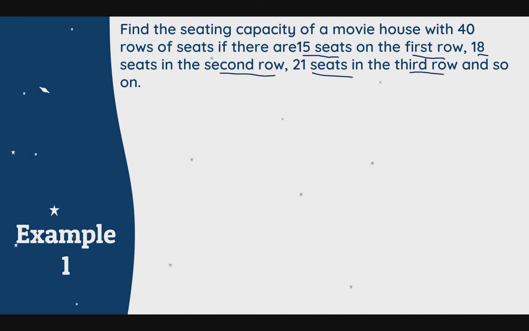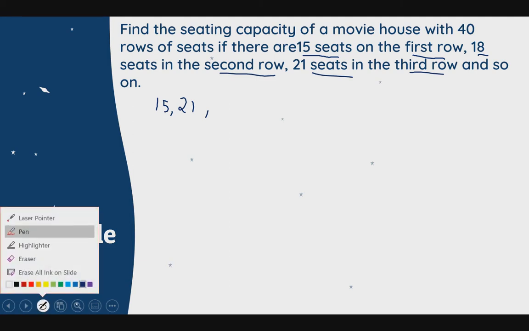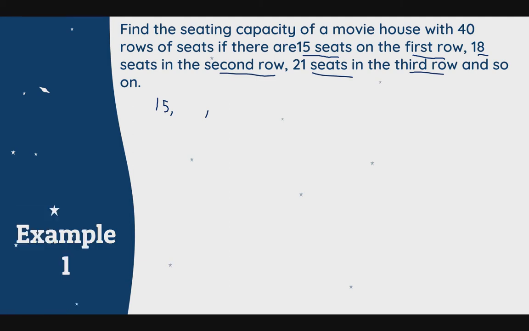So our arithmetic sequence will be like this. The first term is 15, the second term should be 18, not 21, and the third term is 21, and so on, as stated in our problem.